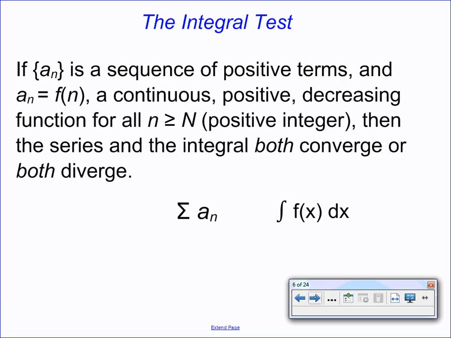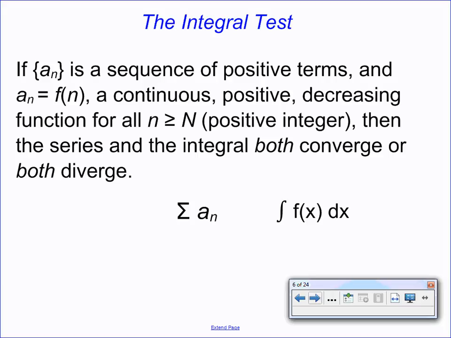If our sequence a sub n is a sequence of positive terms, and we can model that with some continuous, positive, decreasing function for all n greater than or equal to some positive integer, it doesn't have to be right in the beginning, but if eventually all successive terms are decreasing in magnitude, then the series and the integral share the same fate.